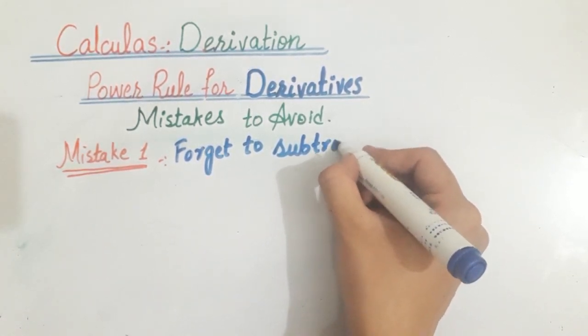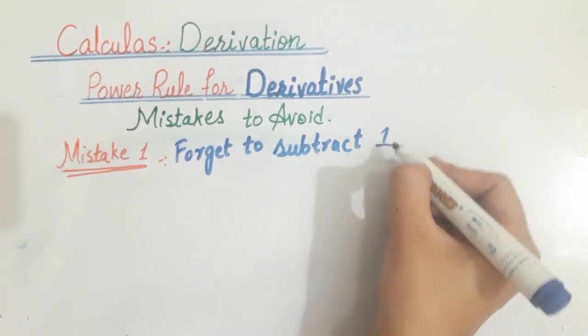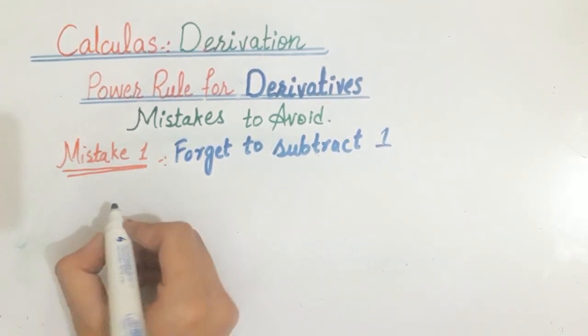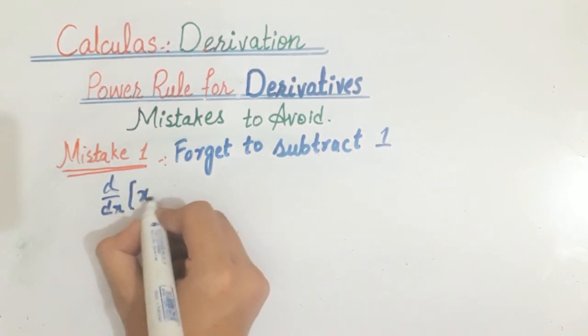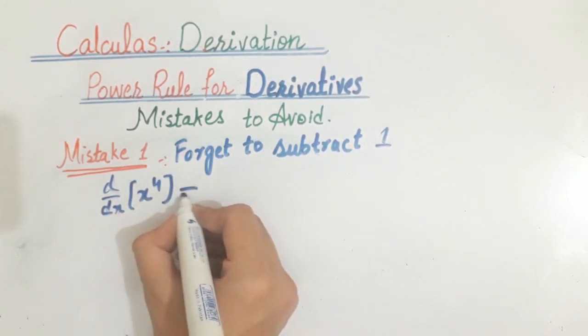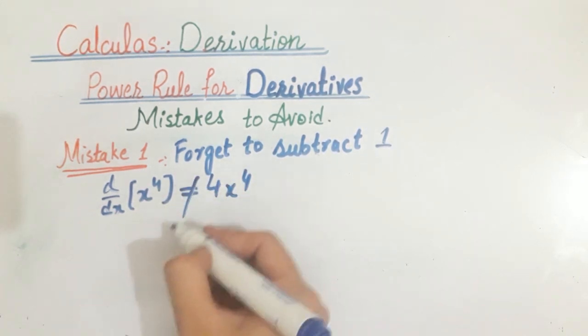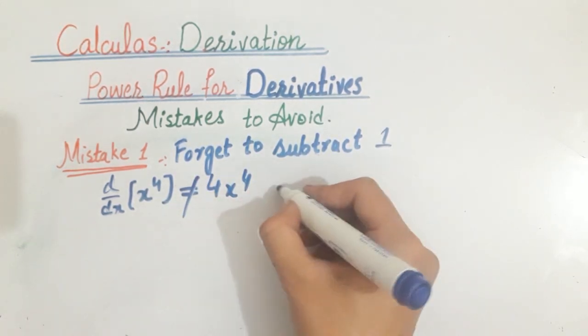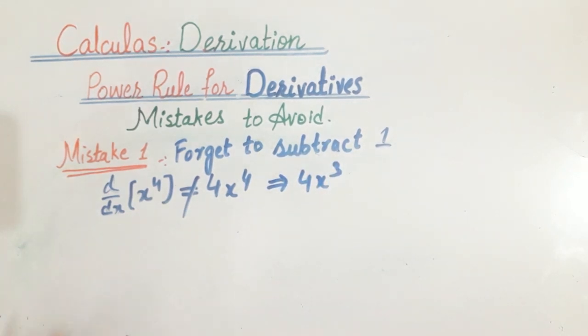Mostly students forget to subtract 1 in derivation. Like if they have to differentiate x raised to power 4, they will write 4x^4. This is not correct, and the derivative will be 4x cube. So this is mistake 1 mostly students make in the derivation.